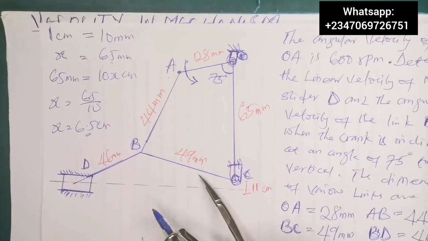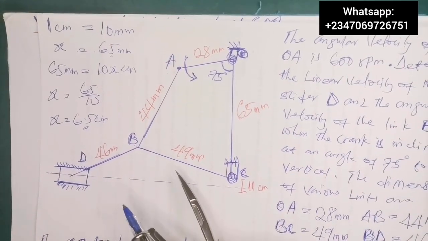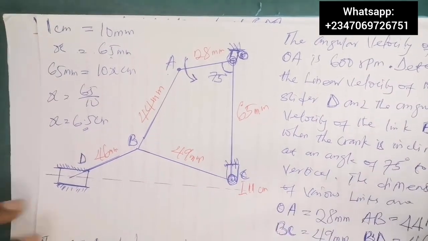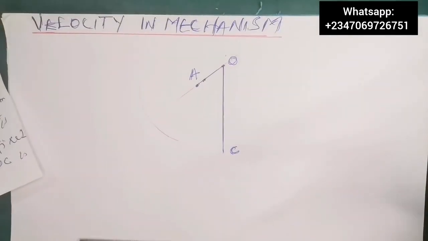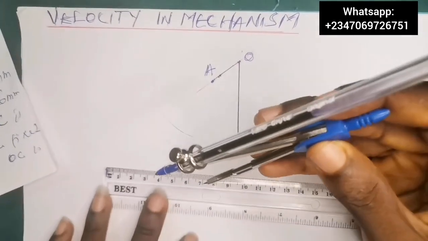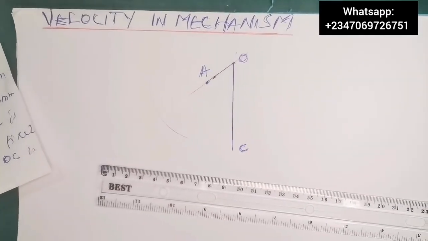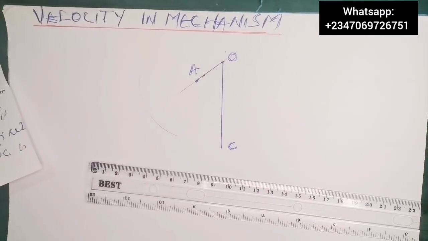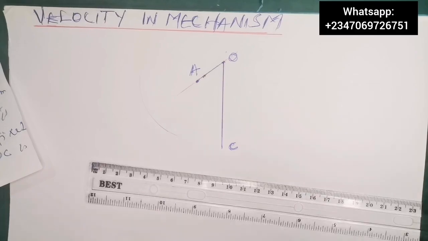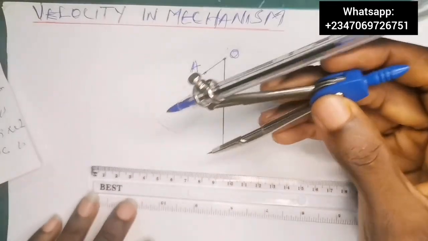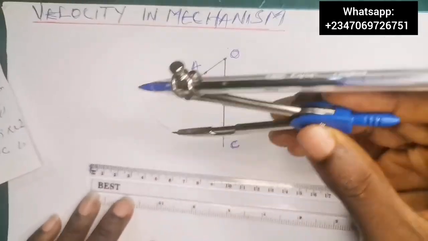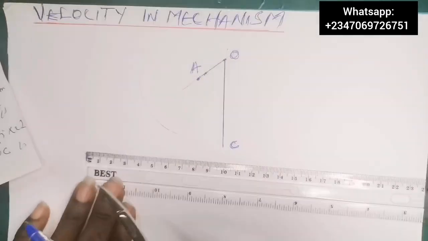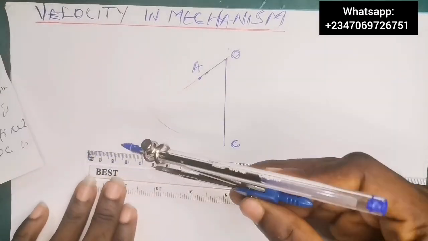Next, you move over to point B to C. B to C is 49 millimeter, which is around 4.9 centimeter. So you measure out 4.9 using your protractor and your ruler. So 4.9 should be 1 centimeter to 5.0 centimeter. So you have here, this is 1, 2, 3, 4, and this is 5.